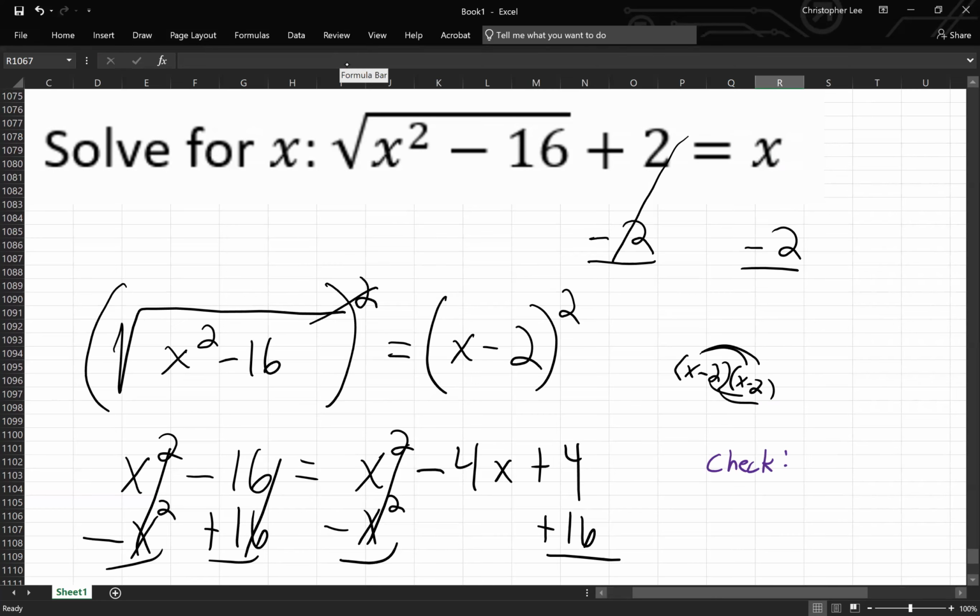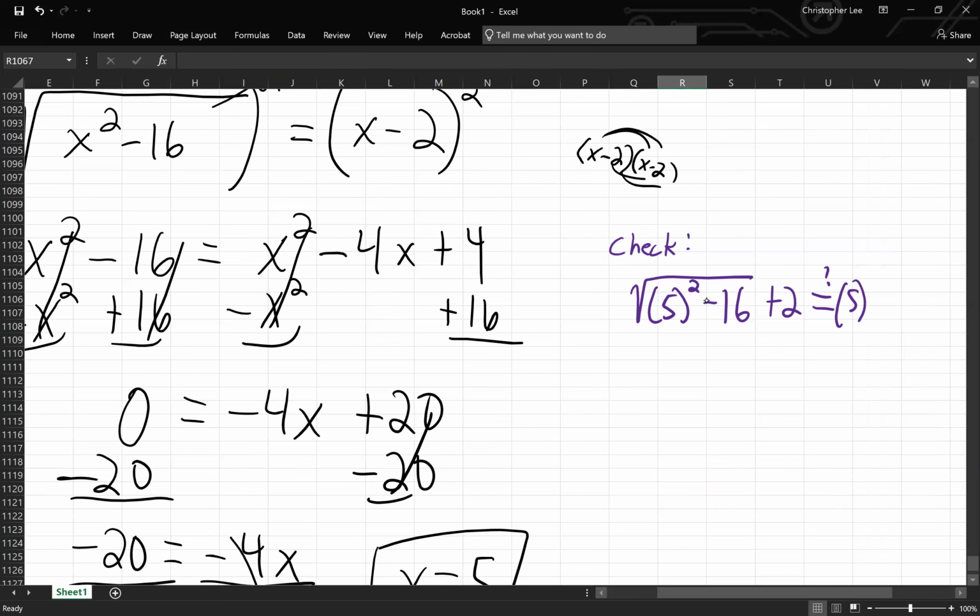Now, allegedly, if I plug in 5 squared minus 16 plus 2, that might equal 5, allegedly. Let's go through it real quick. So this becomes square root 25 minus 16 plus 2. That allegedly will equal 5.